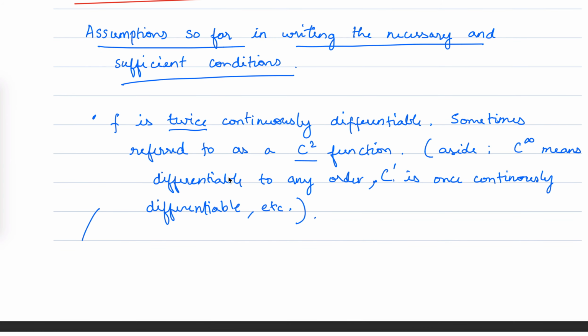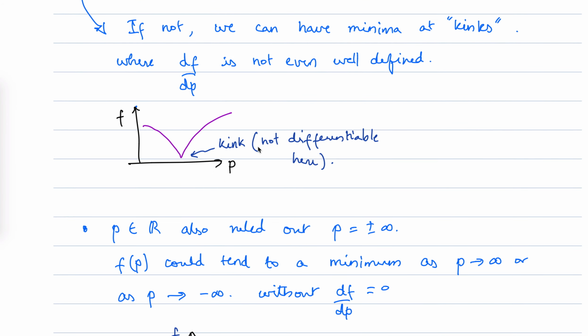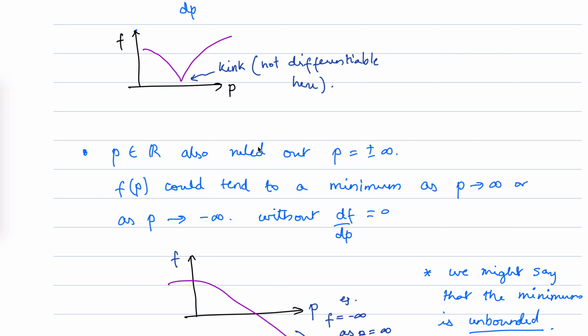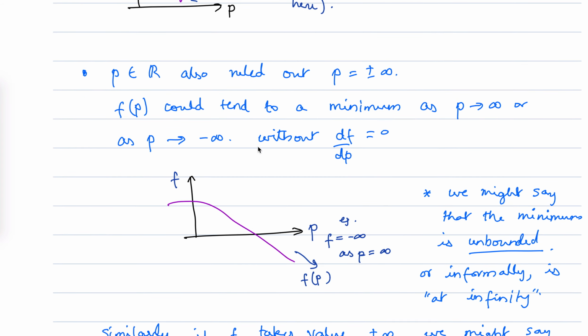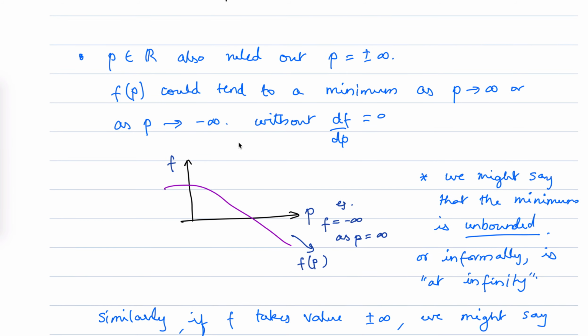So far we've assumed differentiability, which is a reasonable assumption in many situations, but not necessarily all situations. The other assumption that we've made is that we've implicitly ruled out or not considered p plus or minus infinity, right?